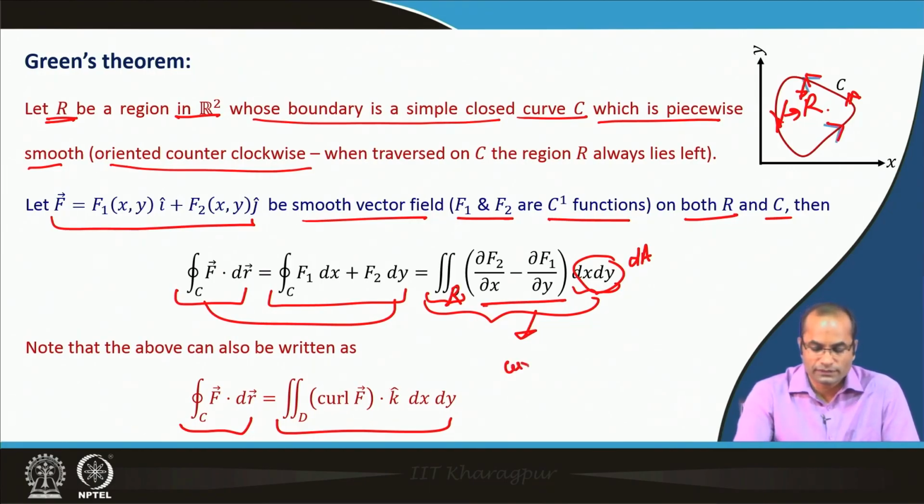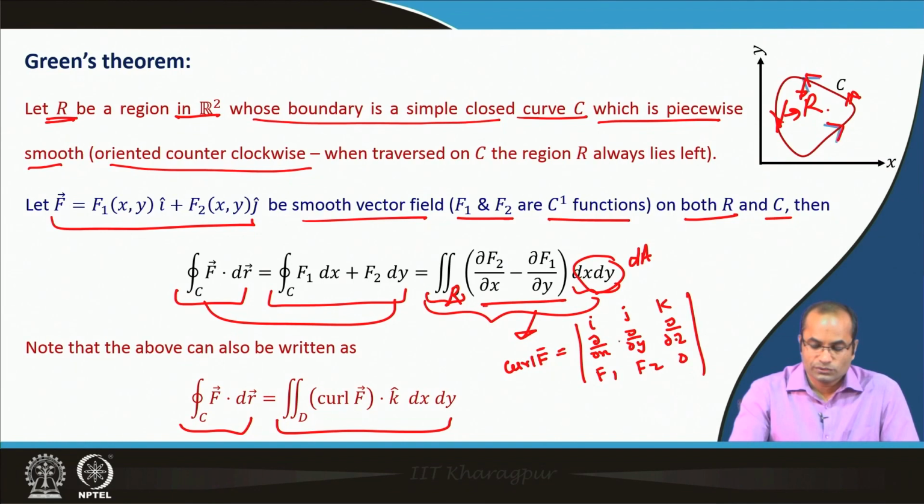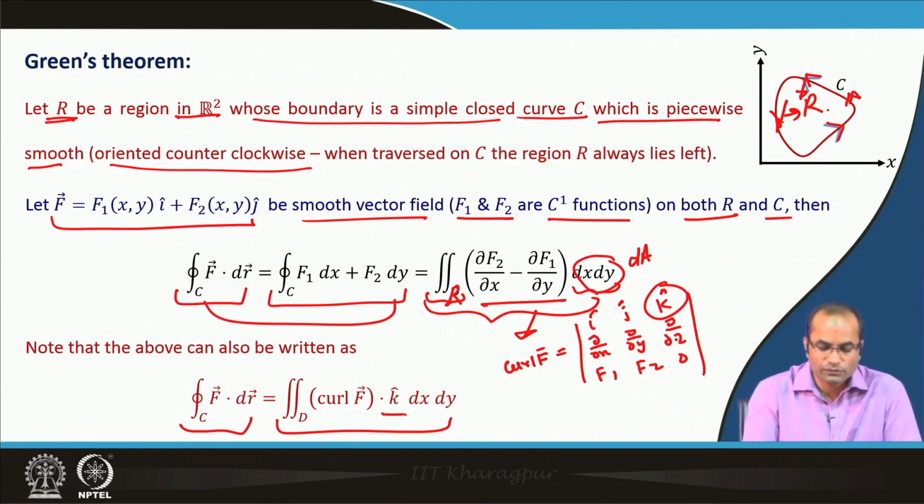If you recall, curl F is the determinant of del over del x, del over del y and del over del z, and then F1, F2, and the third component is anyway 0 here. Since we take the dot product with k, we do not need the i and j components, which will be 0 anyway.